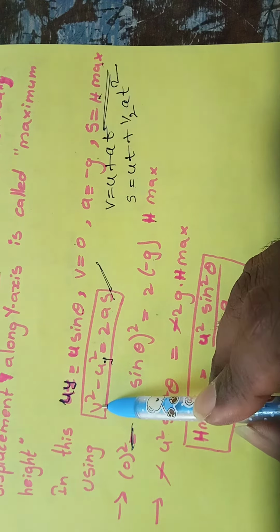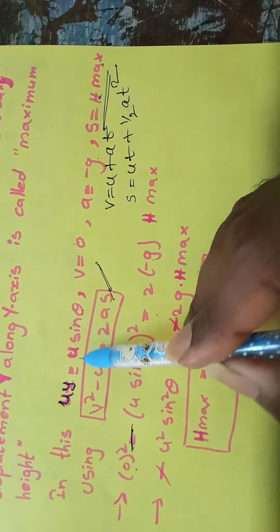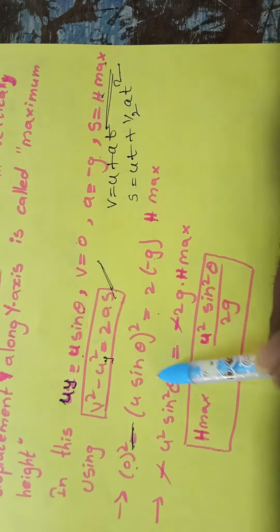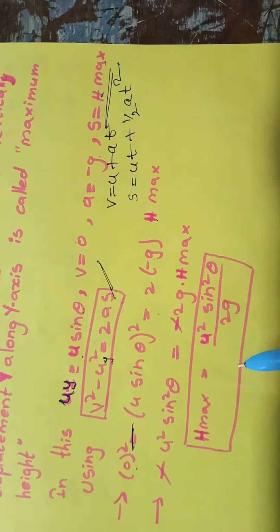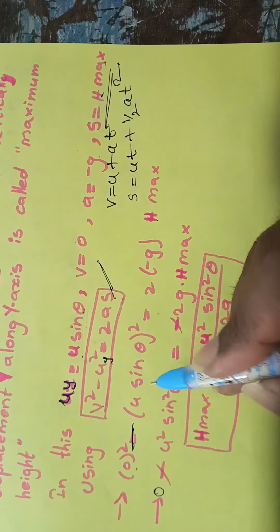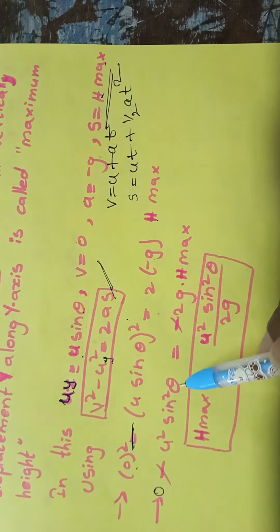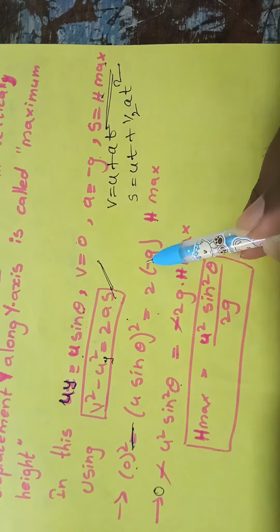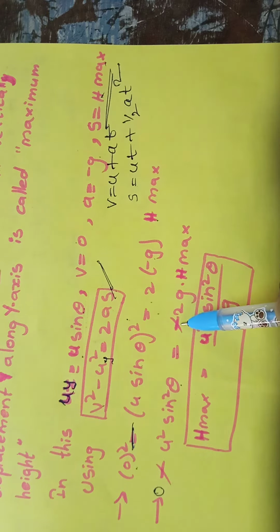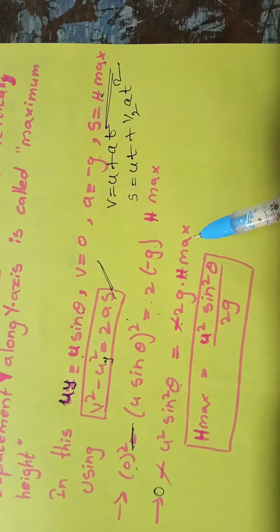V means final velocity, which becomes 0. The initial velocity is u sin theta whole square. 0 square means 0, so 0 minus u square sin square theta is equal to minus 2g h max.